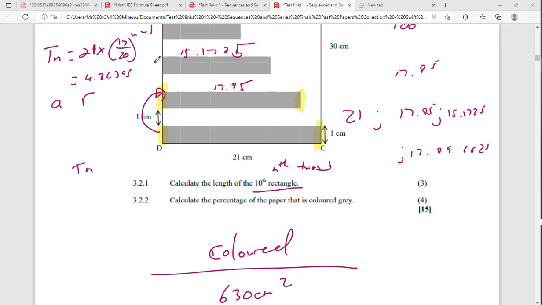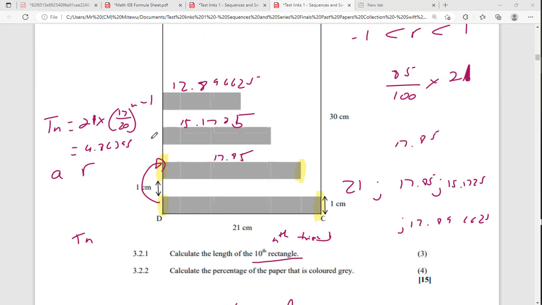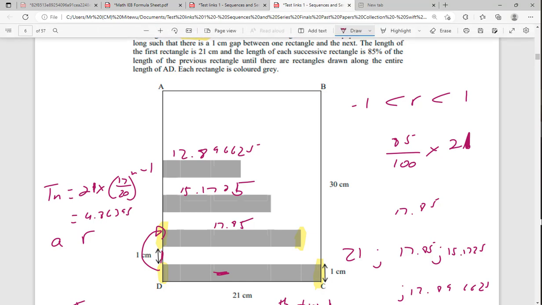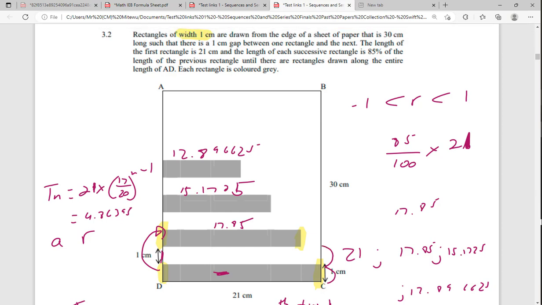Now, not the most important part here, but how many rectangles can you actually have? You can see we have one rectangle over here, and then a space of 1 centimeter. So there are 30 centimeters possible. Each rectangle is 1 centimeter wide, and then there's a 1 centimeter space, so we've already used up 2 centimeters for one rectangle.